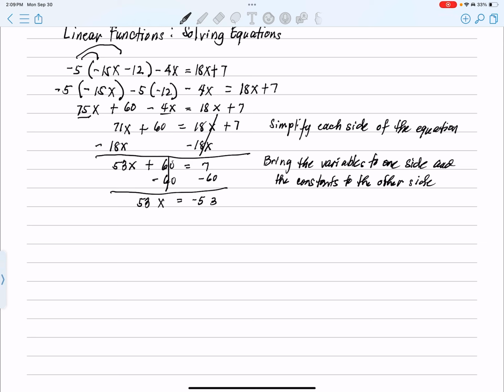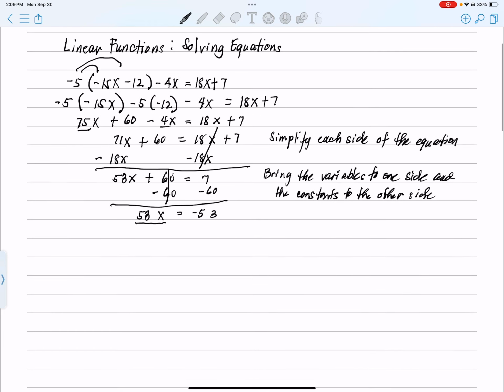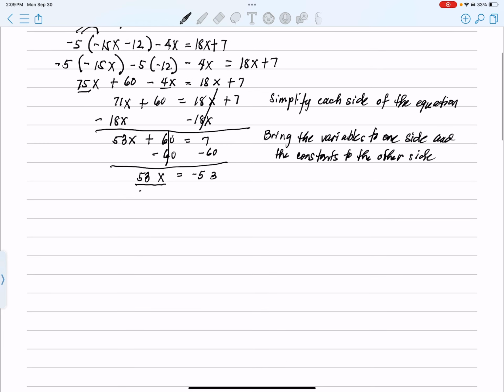we isolate the variable. That means 53x has a coefficient of 53. Then I will divide by 53 on both sides. So x is isolated and x equals negative 1. So this step is isolate.